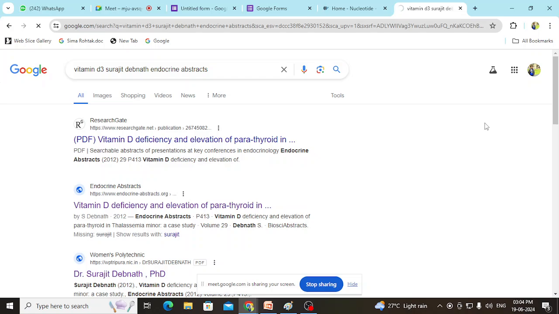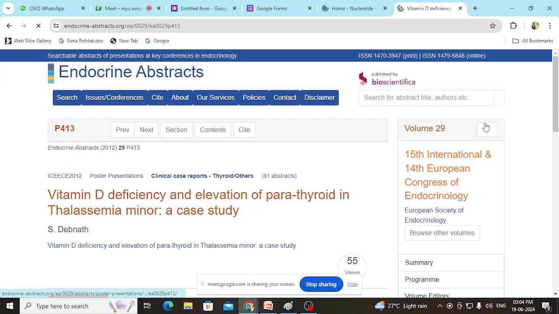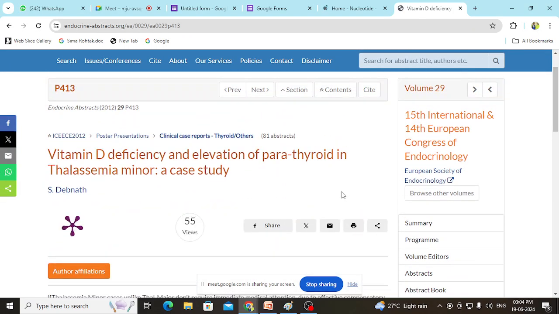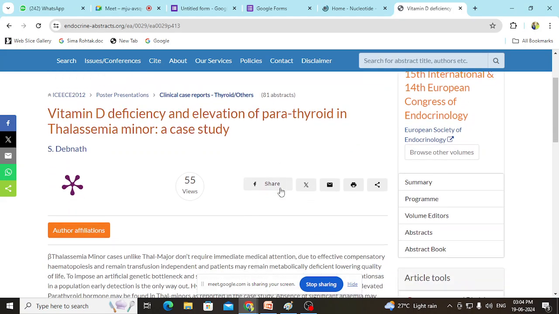Okay, so this is our theory. Some of you are already aware of it: the idea is to identify vitamin D3 deficiency and elevation of parathyroid hormone, and how these two molecular events are connected in a genetic disease called thalassemia minor. This is a case study that was published long back in 2012.